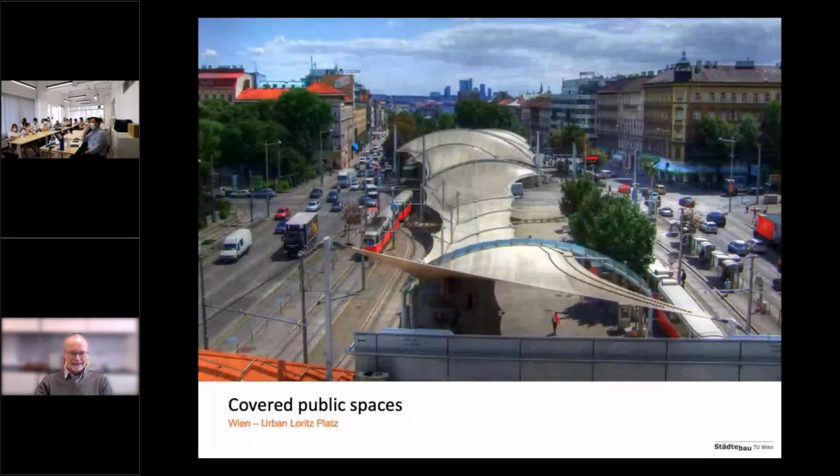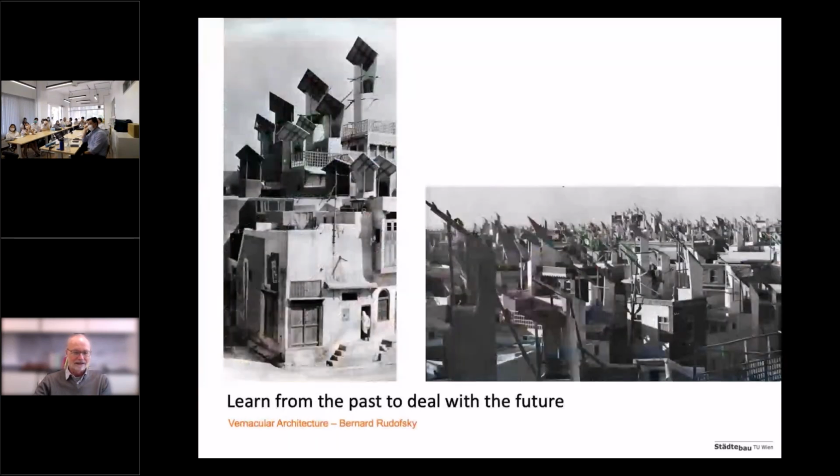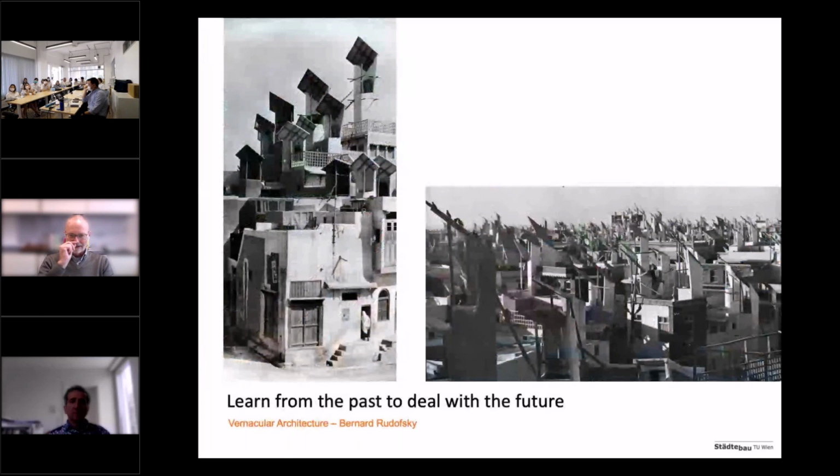Or, yeah, this is the landmark I showed you before already. It's not only the rain protection that makes this public space attractive, it's also the sun protection that it provides nowadays. That's even as important as the other one. And of course, the natural ventilation, as Bernhard Rudofsky showed us very clearly in his book, Architecture Without Architects, and the exhibition he did in MoMA.